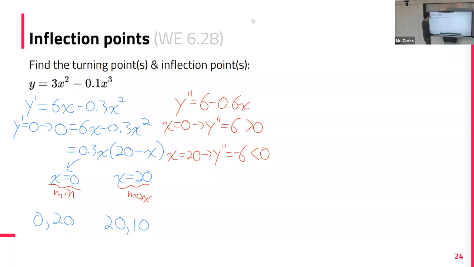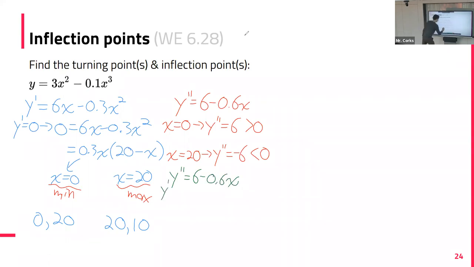Okay. We're not done though, because now we're looking for inflection points. So I'm gonna need some space to draw. Let's do this one here. Okay. So our second derivative we said is 6 minus 0.6x. Right.